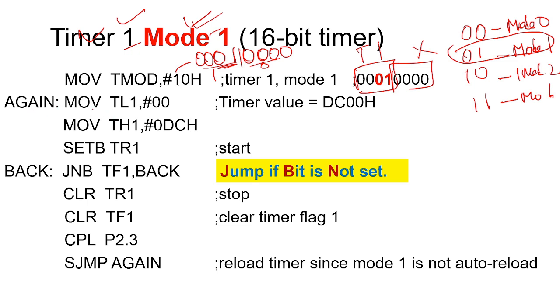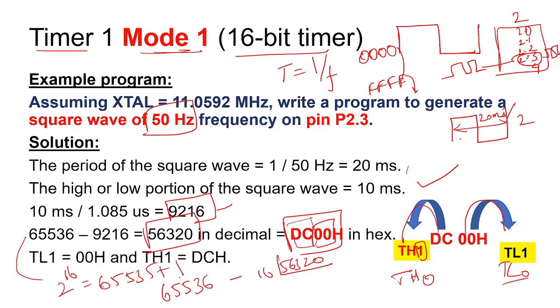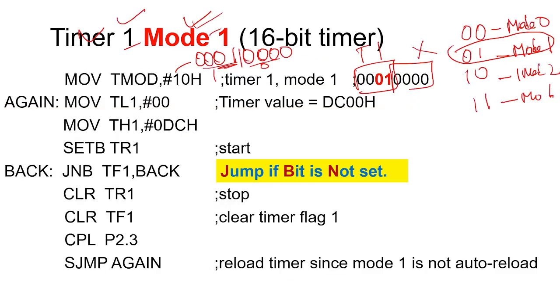Now we want to load the value, whatever value was obtained here, into the register. Move, that is a label, is again used here.